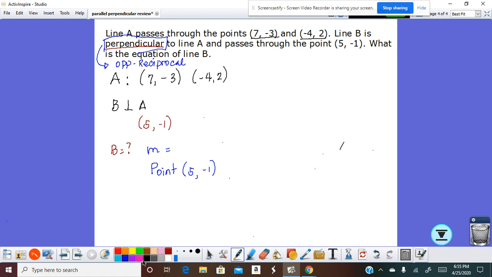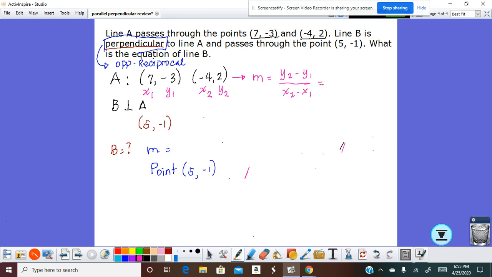So for the slope of line A, since we are given two points, we have to use the slope formula. The slope, m, is equal to (y2 - y1) over (x2 - x1). So 7 is our x1, -3 is our y1, -4 is our x2, and 2 is our y2.